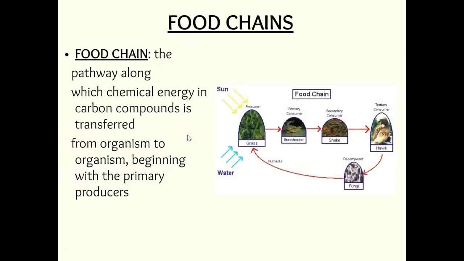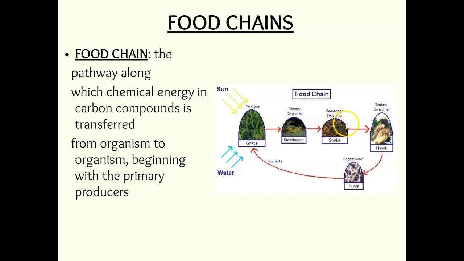Food chains. A food chain shows one pathway within an ecosystem in which energy is transferred from organism to organism in a linear pathway. It is important for you to understand that energy only flows in one direction. So the sun enters the producers, they create that energy, the producers then transfer energy up the food chain, right?